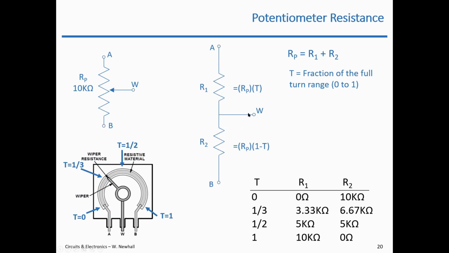Now, that would be if you want 0 ohms when you turn the knob all the way to the left, I would use R1. If you, for some reason, wanted 0 ohms when you turn the knob all the way to the right, then I would connect B and W into your circuit, because when the potentiometer is turned to the right, you get 0 ohms. So you could choose. So you could use either one of these resistances as just a variable resistor.